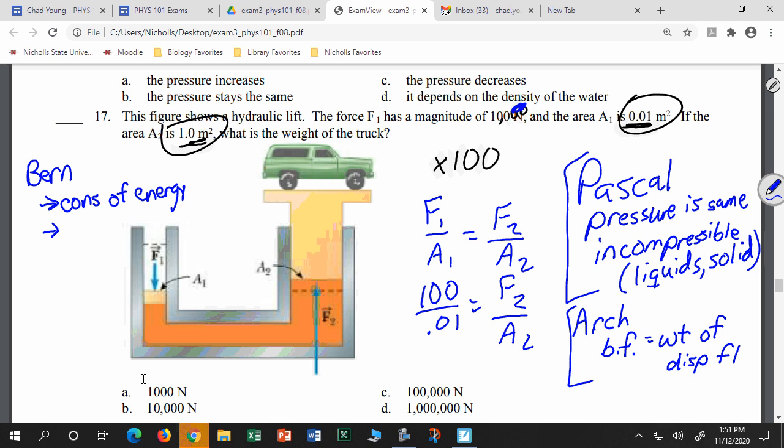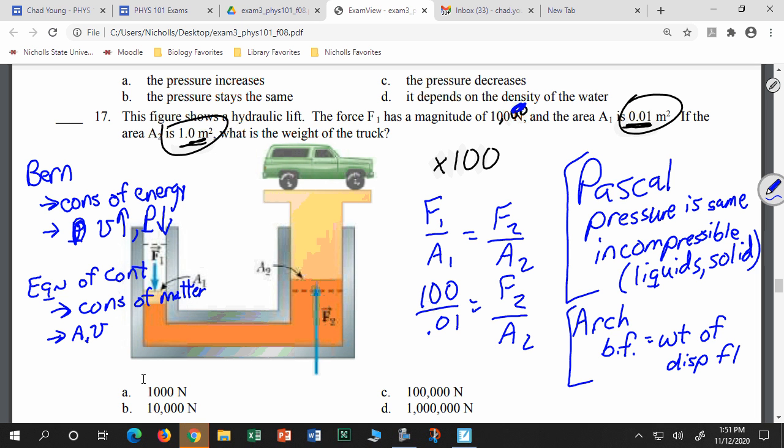One implication of it, the primary implication, is that if the velocity goes up, the pressure goes down. And then the equation of continuity is based on the conservation of matter, and it's A1V1 equals A2V2. I think that's all.